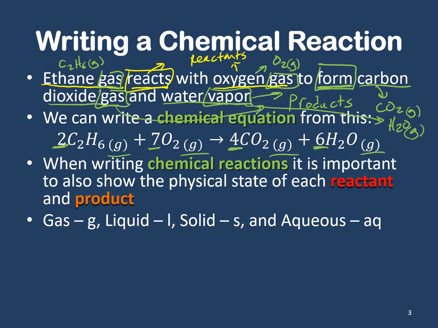As we just talked about, gas is denoted with a lowercase g. When a substance is in the liquid state, it's a lowercase l. In the solid state, lowercase s, and in the aqueous state, lowercase aq. Now, aqueous is something we'll talk a lot more about as we go over this chapter and the next chapter, but aqueous effectively means dissolved in water.